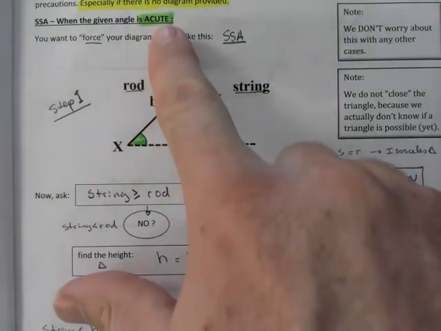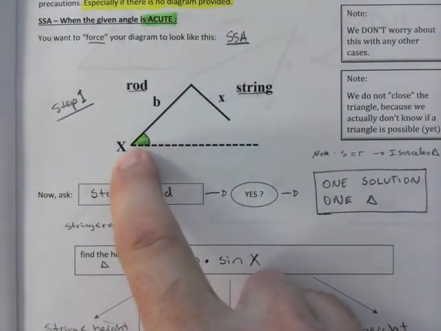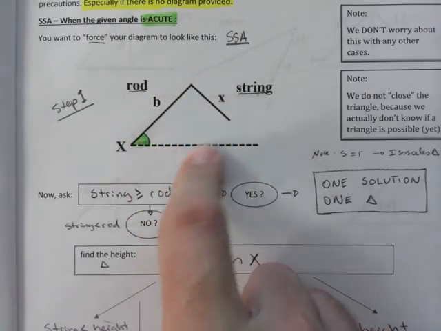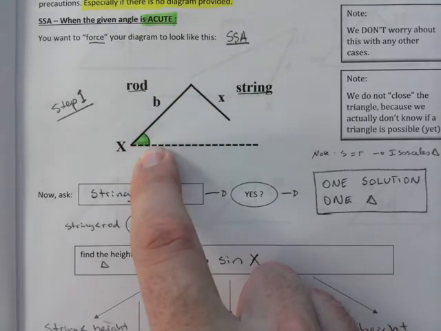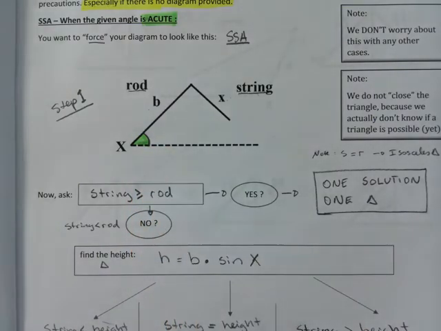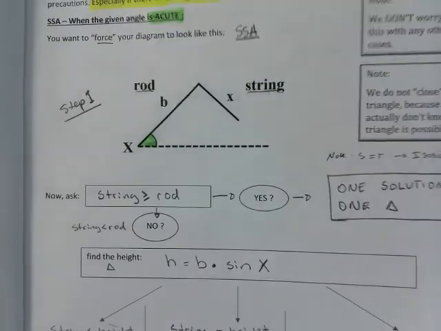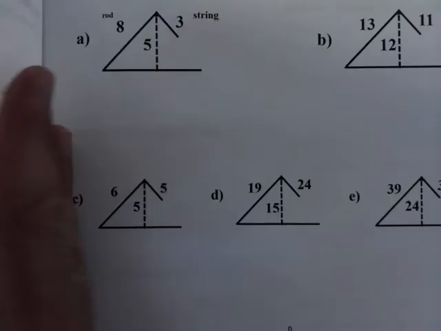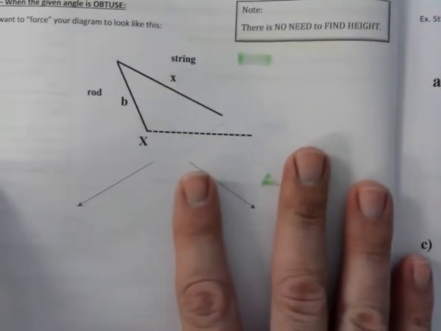So highlight acute at the top and make sure all of our triangles, if it's acute, will look like this. You're still fishing, I call that. If it's acute, you're still fishing. If it's obtuse, you already caught one, you're reeling it in, right? So come with me to the next page here. We'll just run through obtuse.